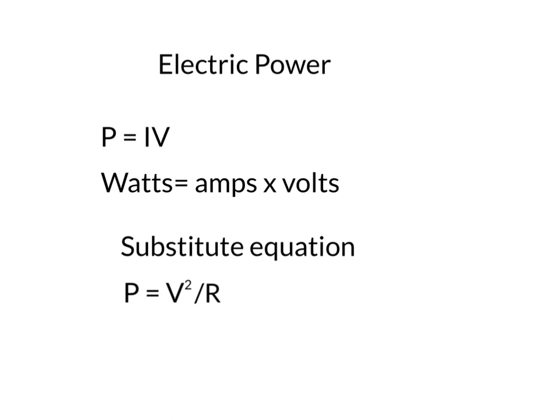You will be using 3 formulas. This right here, power equals current times voltage. This right here, power equals voltage squared divided by resistance. And then current I equals voltage divided by resistance.